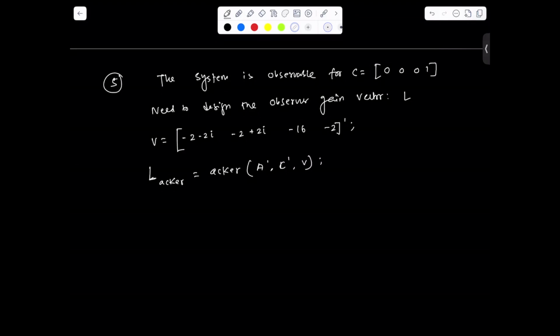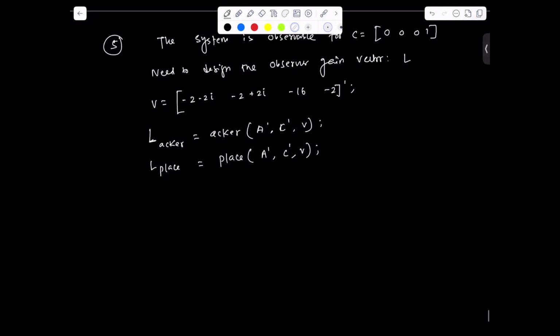And if you use the place command, we can use place with A transpose, C transpose, and V. For the output from these two commands, with the Ackermann formula we are getting 12.28, minus 28.745, 3.6672, 5.4.